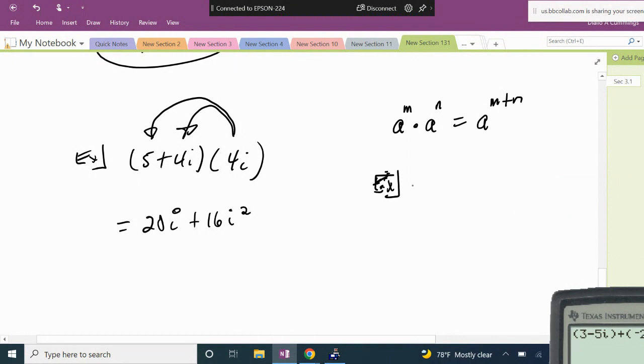So whenever I have like bases, I will add my exponents. So notice I multiply i times i. My base is i, but each one of these i's carries an understood one as an exponent. Right, so i times i is i squared.